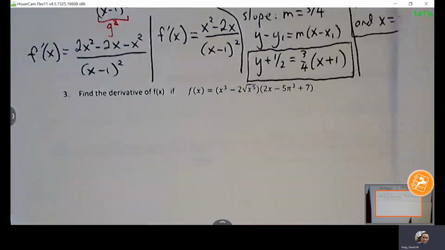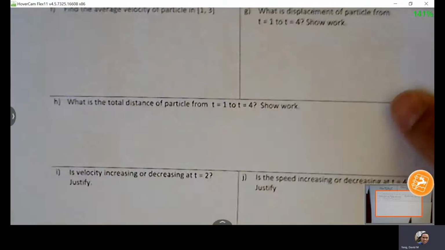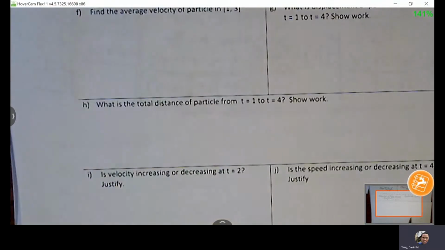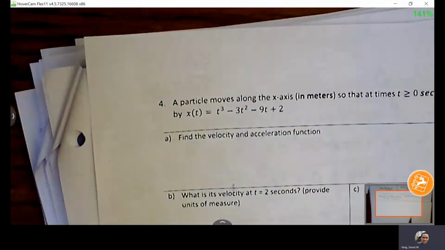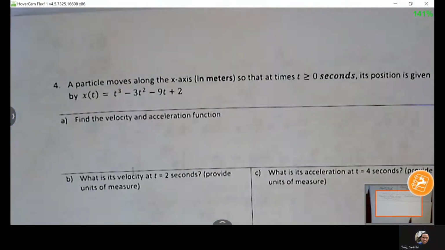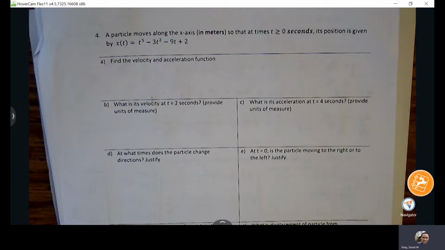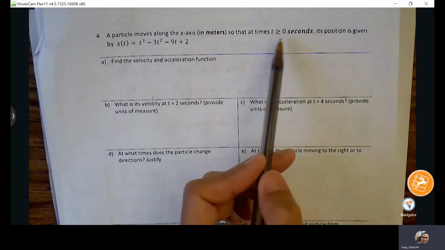Okay, back page. Particle moves along the x-axis in meters so that at times t is greater than or equal to 0 in seconds.